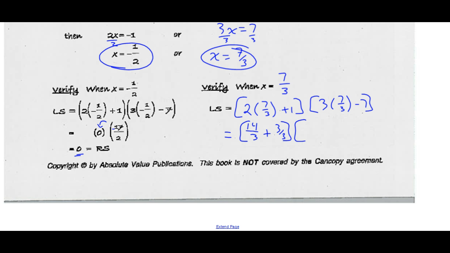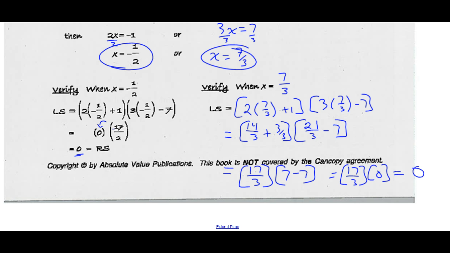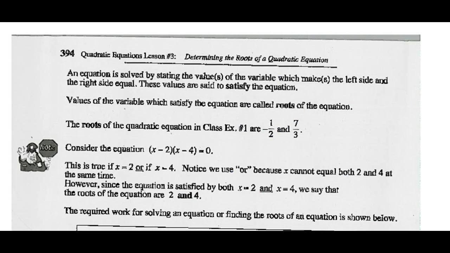And over here, 3 times 7/3 is 21/3 minus 7. To simplify, 14/3 plus 3/3 is 17 over 3. Multiply that by 21/3 minus 7, which is 7 minus 7. Well, 7 minus 7 is 0. So I've got 17/3 times 0, which is indeed 0. So it doesn't matter which bracket is 0, as long as one of them is 0, that equation is true.